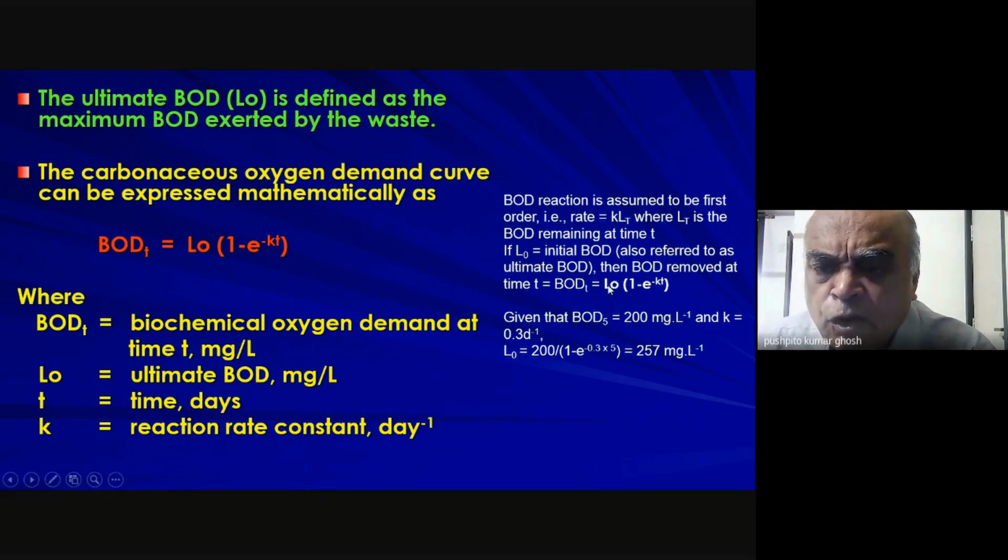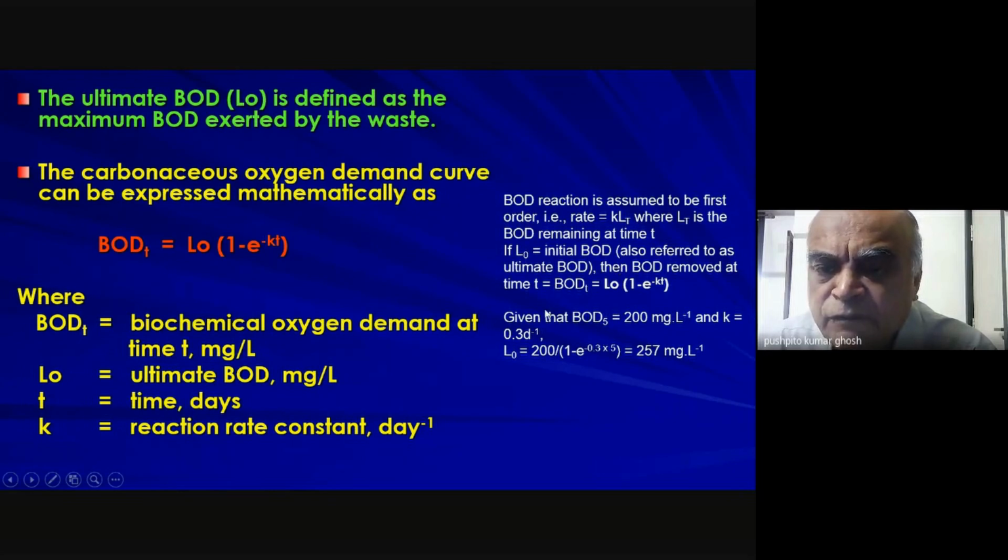So then the BOD that I remove at time t, I can write as BOD at time t is equal to L0, the ultimate BOD, multiplied by 1 minus e to the power minus kt, where t is your time and k is your rate constant, and these will be given.